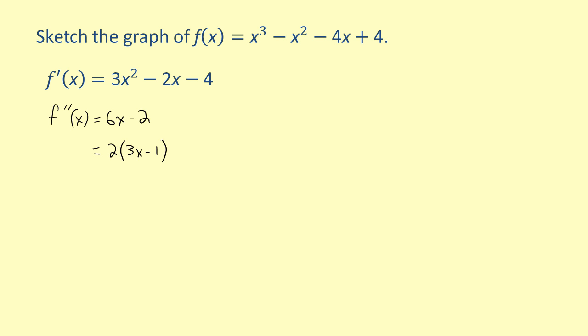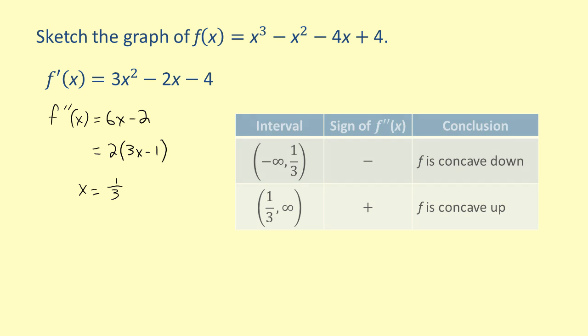When we set f double prime equal to 0 and solve for x, we get x equals 1/3. Next, divide the domain into 2 intervals and determine the sign of the second derivative in each interval. Note that f is concave down from negative infinity to 1/3 and concave up from 1/3 to infinity.